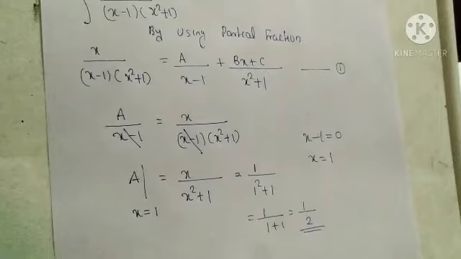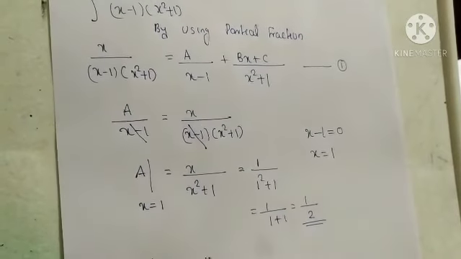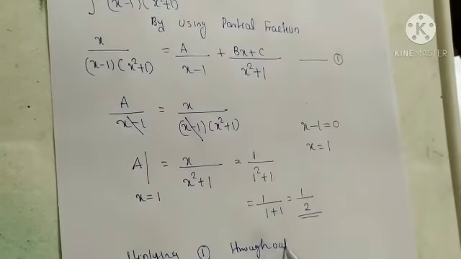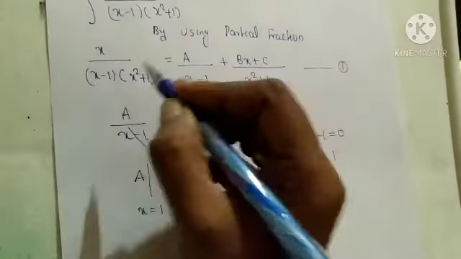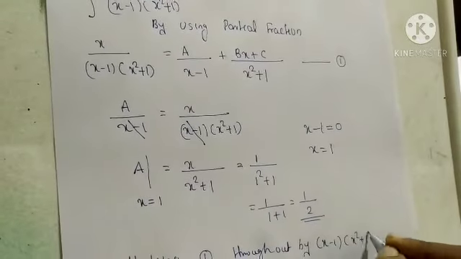So multiplying equation number 1 throughout by the denominator of LHS, that is x minus 1 into x square plus 1.